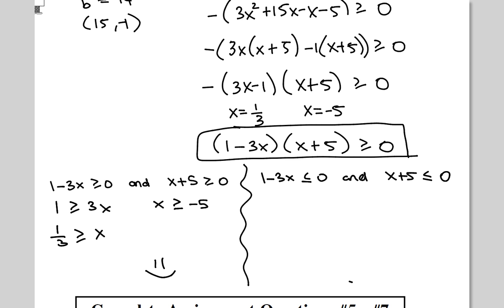Yep. Now over on this side, 1 would be less than 3x, 1/3 would be less than x, and simultaneously x would be less than negative 5. So can you be at the same time less than negative 5 but greater than 1/3? No. So we have to use this.